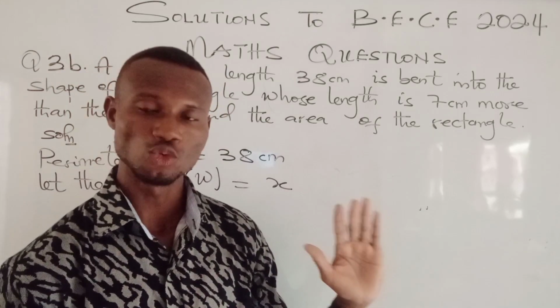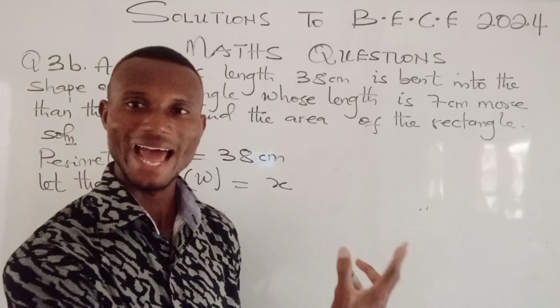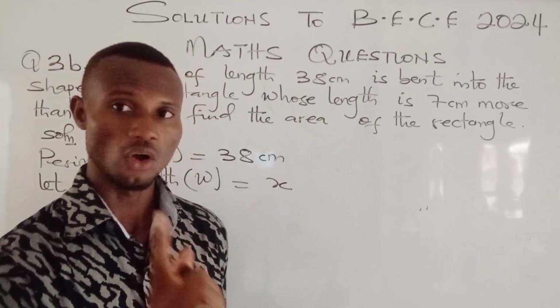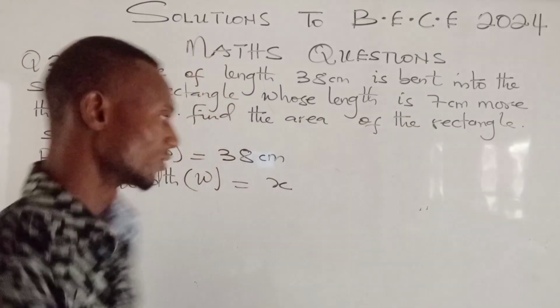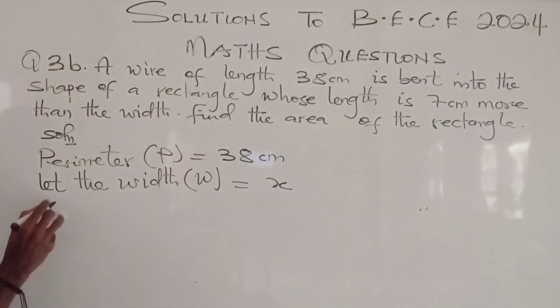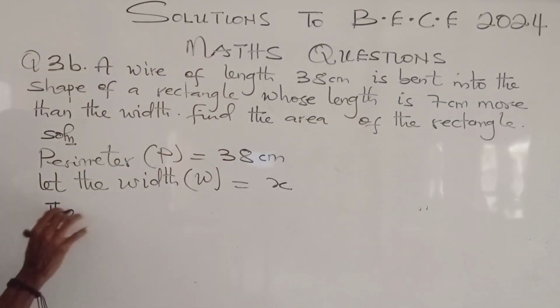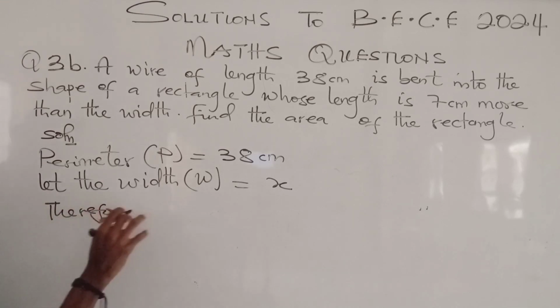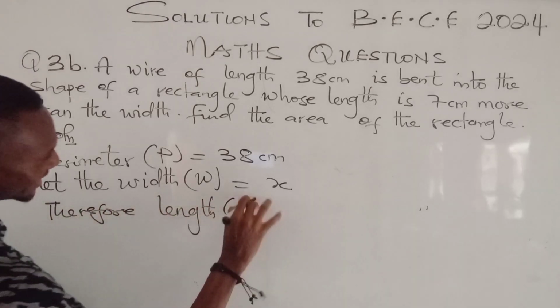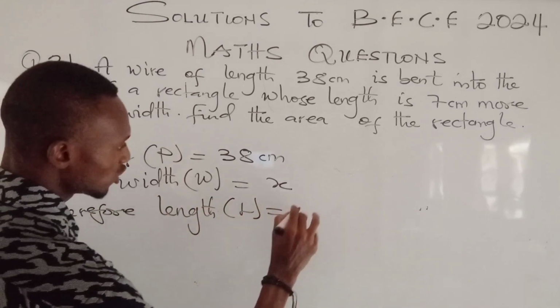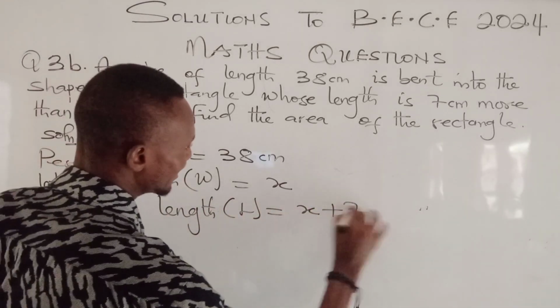So the length will be equal to 7 plus the width, because it says whose length is 7 more than the width. Therefore my length, L, will be equal to S plus 7.